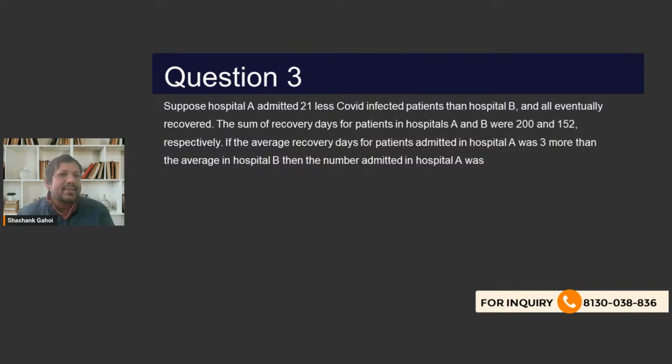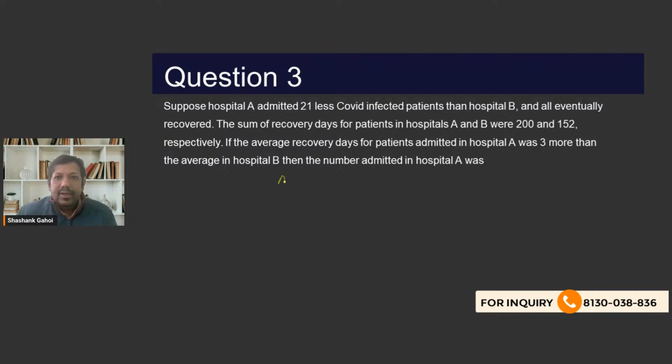What does it say? Suppose hospital A admitted 21 less COVID infected patients than hospital B. Okay, but all eventually recovered. Fair enough. The sum of recovery days for patients in hospital A and hospital B are 200 and 152. So basically we are talking about two hospitals.